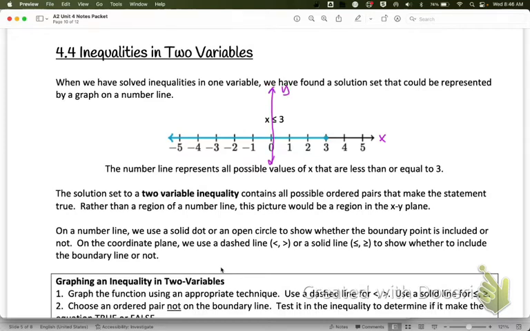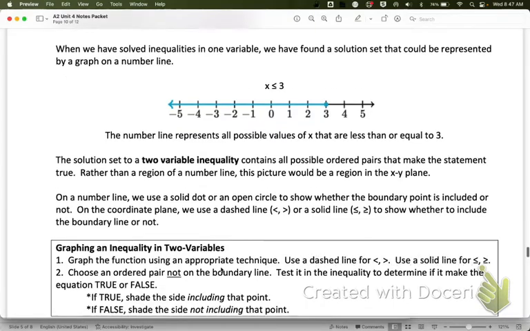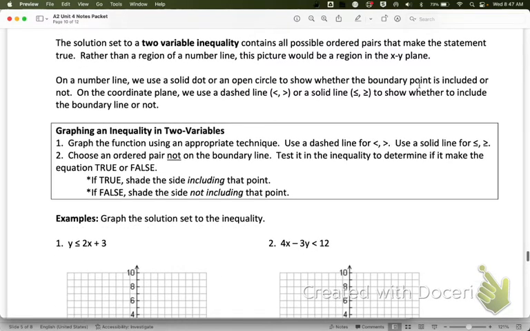And so instead of having a number line shaded in, what we'll usually have is an entire portion of the graph that is shaded in, because it's all the possible ordered pairs that make the inequality true. Okay? The solution set to a two-variable inequality is all the possible ordered pairs.